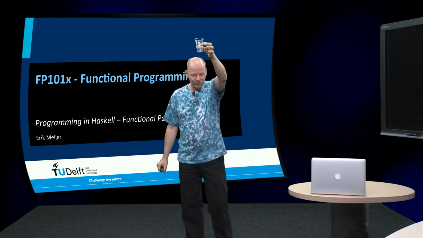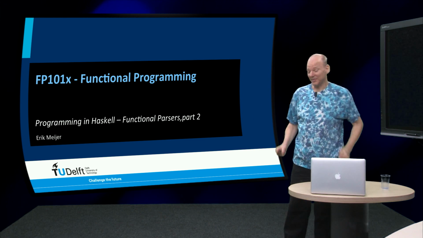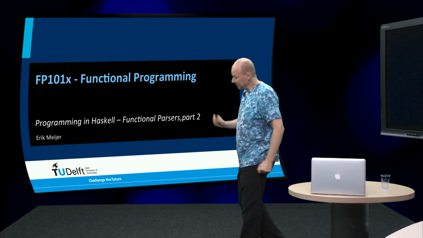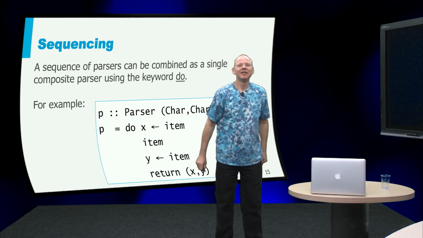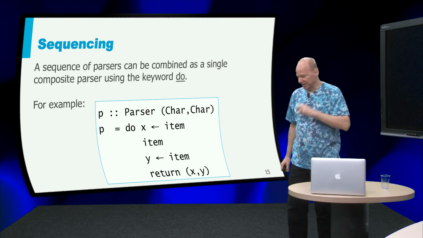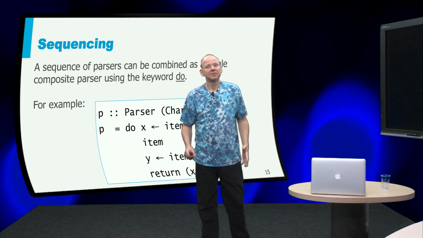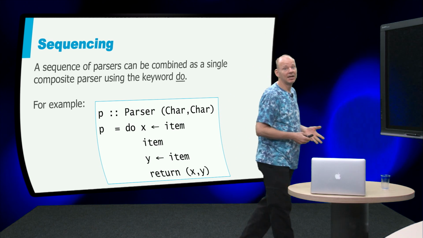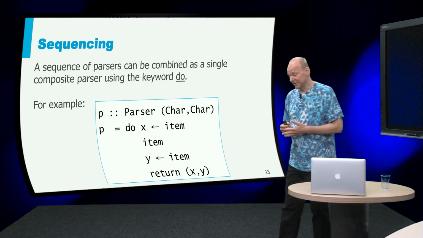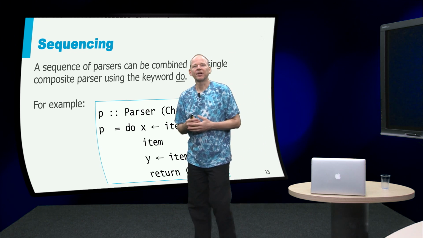And let's make a toast on our first monad. That's great. And now we can move on. Let's look at another operator on parsers that really makes it into a monad, and that is namely sequencing of parsers.